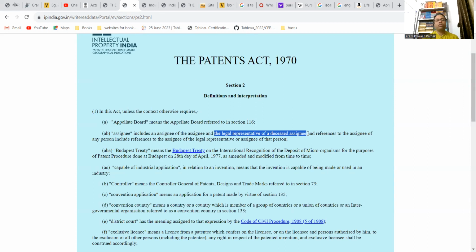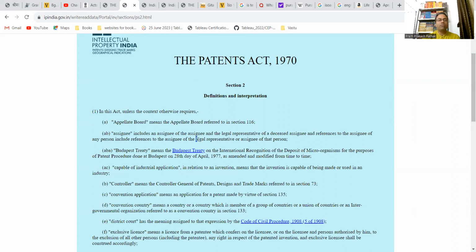So if somebody has a legal representative after death, he will also be called an assignee. The reference to the assignee of any person includes references to the assignee of the legal representative.